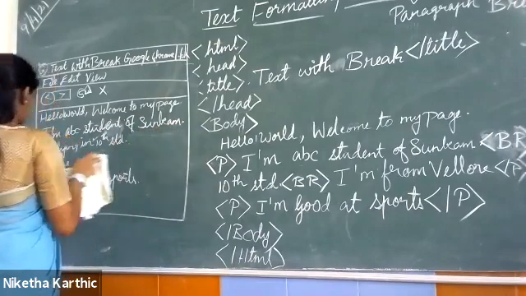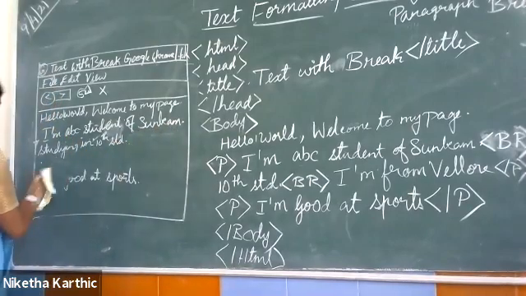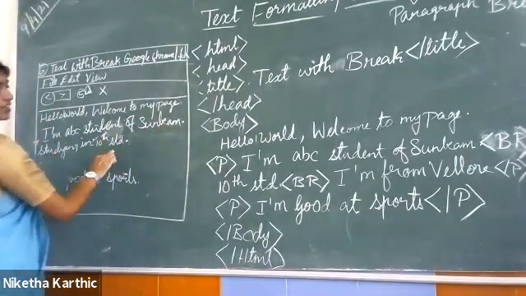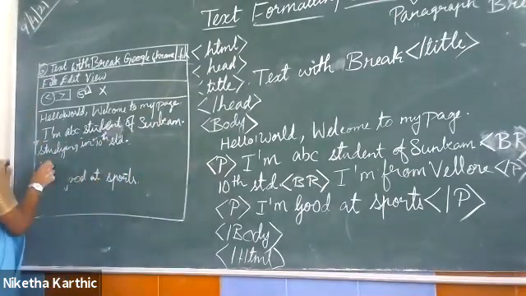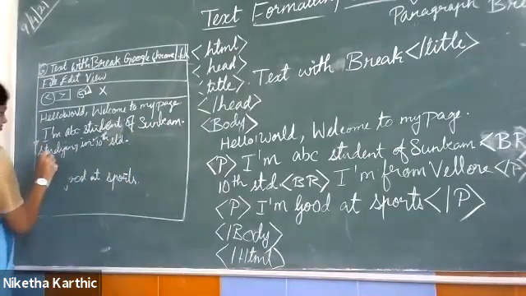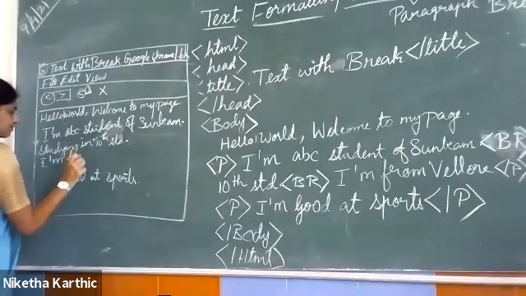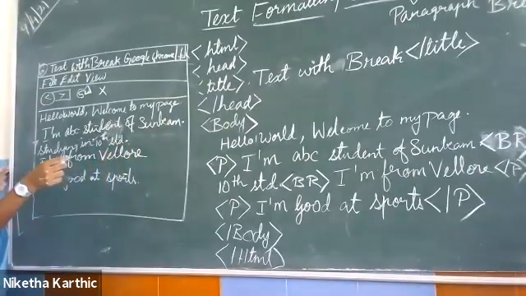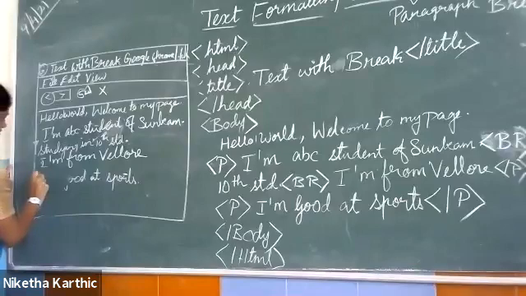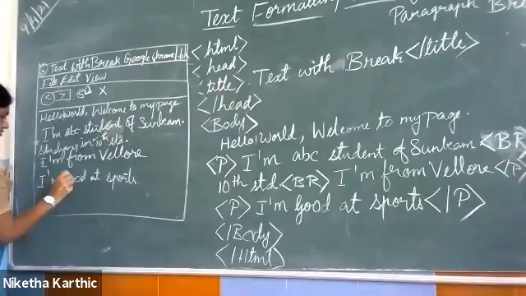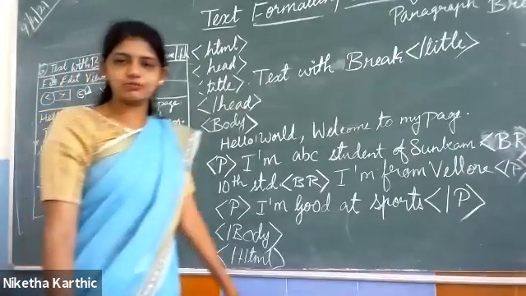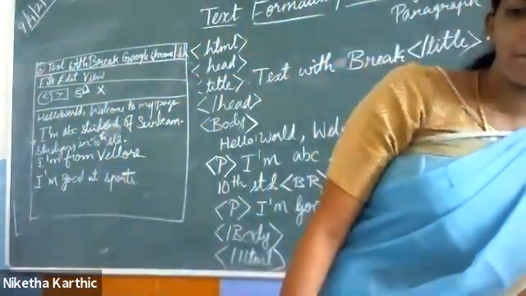This is a separate line. Then studying in 10th standard, then I am from Vellore. Then I am good at sports. Okay, this will be the output. Clear?